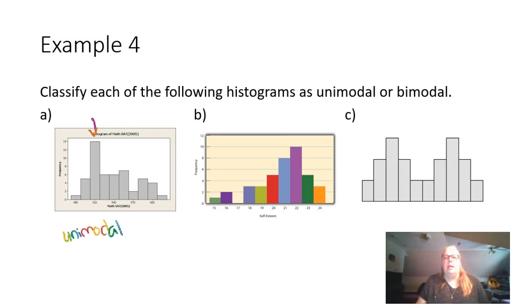When we look at part B, it looks like the mode column is going to be located right here, this purple one, and the blue one's close to it, but they're not quite the same height. So again, we're looking at unimodal here. And then for part C, I have a mode here, but then I have another mode over here. And so this one's going to be considered bimodal because I have two peaks in my histogram.